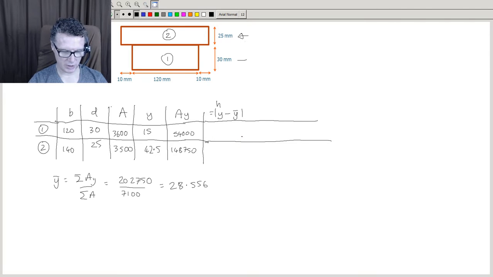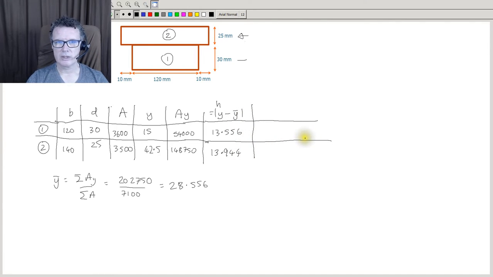So 28.556, take away 42.5, ignore the minus sign, and we get 13.944. Again, working in millimeters, 28.556, take away 15. 13.556. Okay.